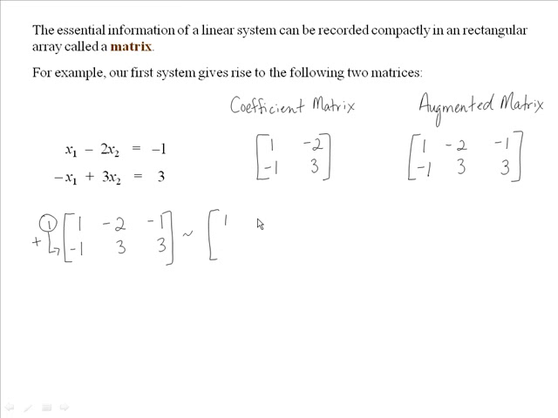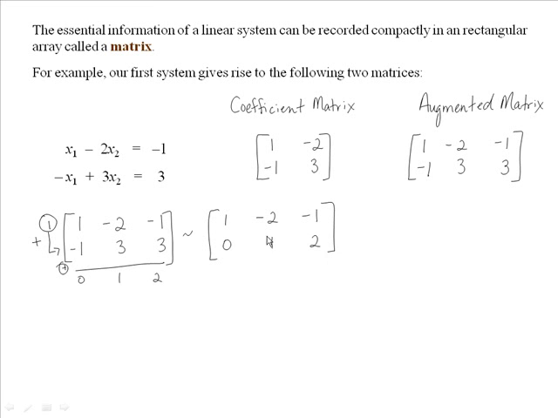So the first one doesn't change at all. But when I add these two together, I get 0, 1, and 2. And what I'm going to do is replace this second row by my new numbers. So I have 0, 1, 2.